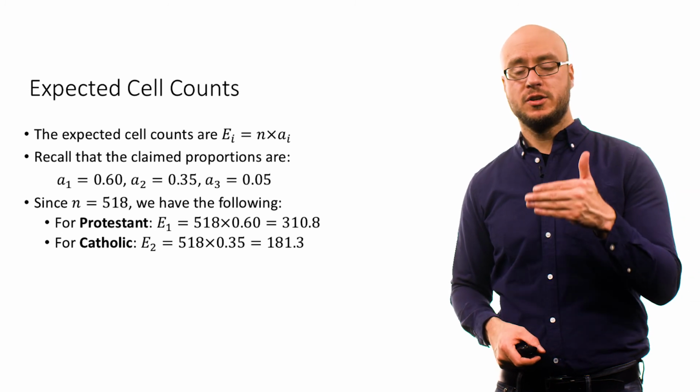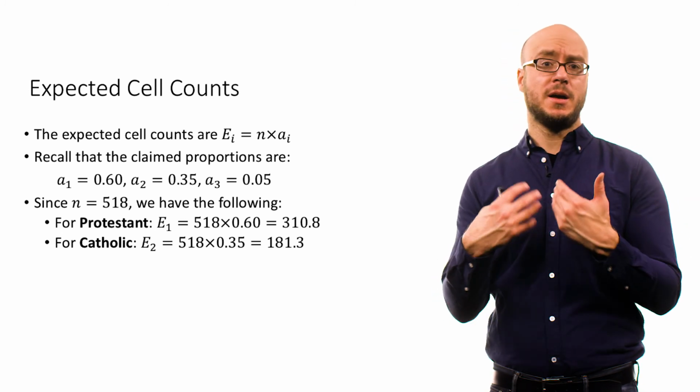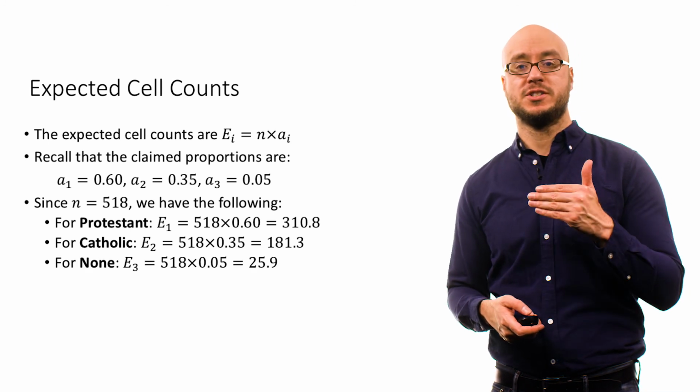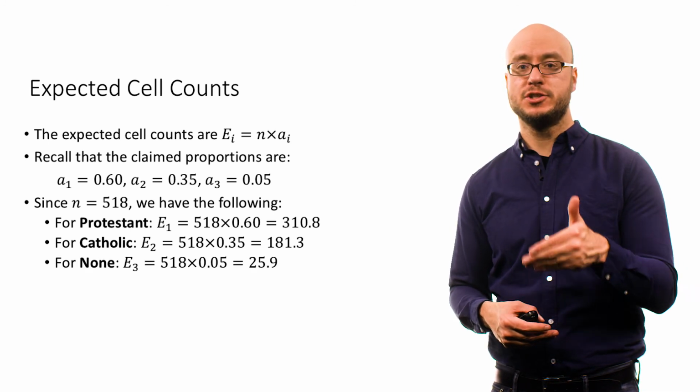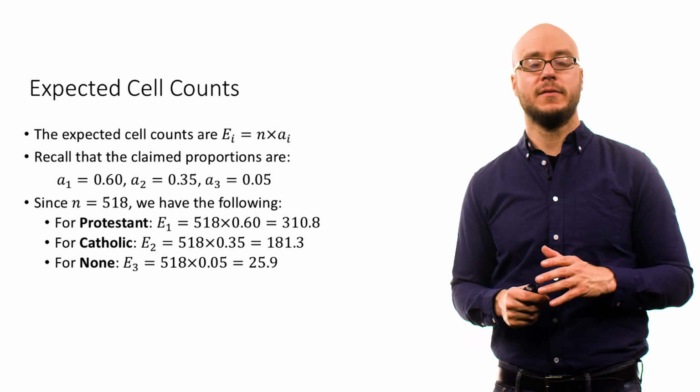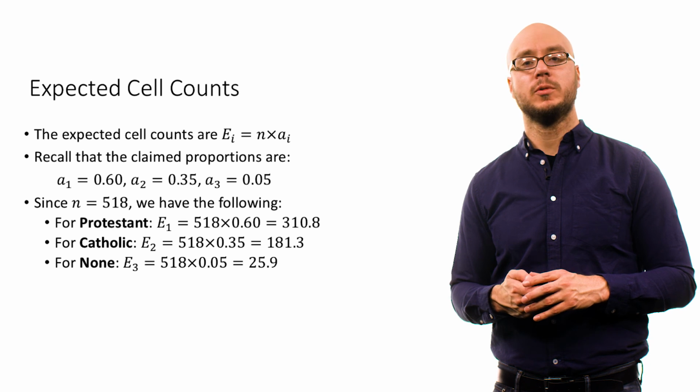According to the scholar, we'd expect about 181 young people to be Catholic. And if his distribution in the population is correct, we would expect about 26, roughly, young people to have no religious affiliation.